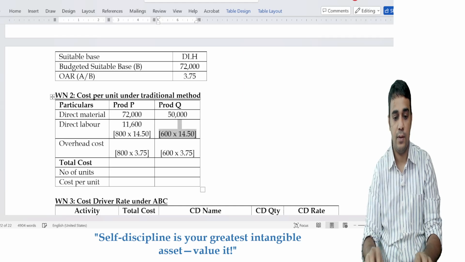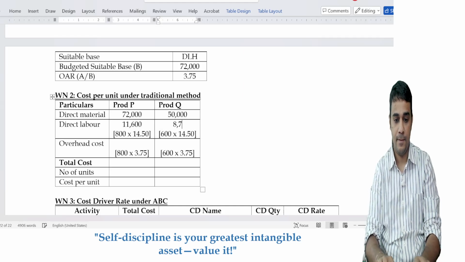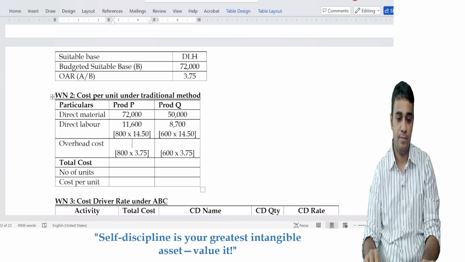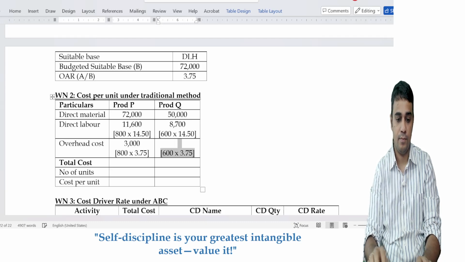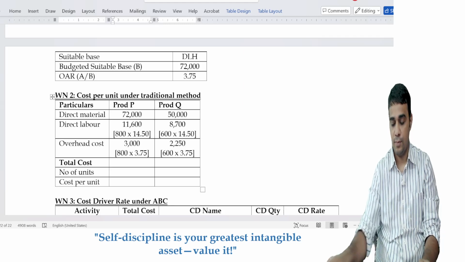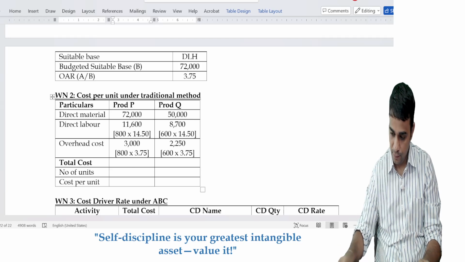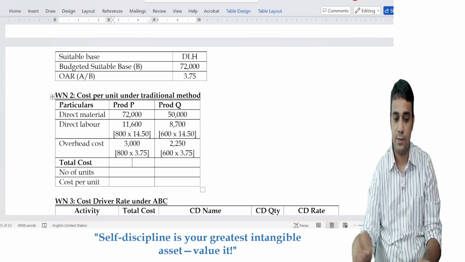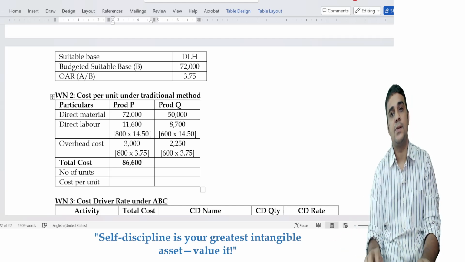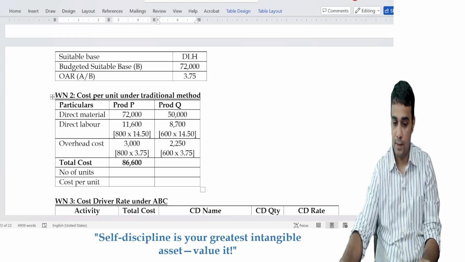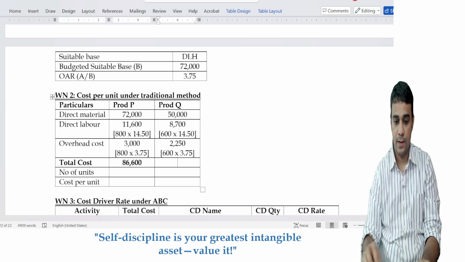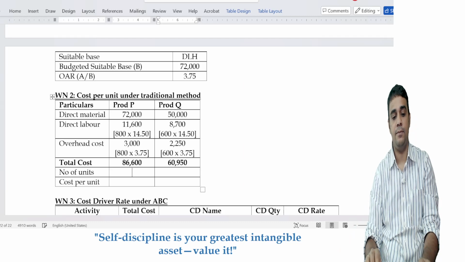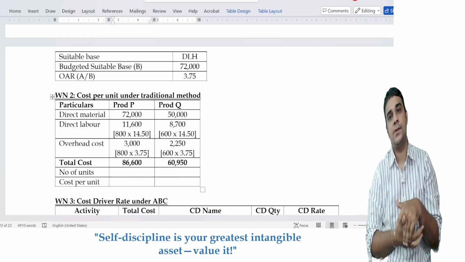Put a total: 72 plus 11,600 plus 3,000 gives 86,600, and the other is 6,950.